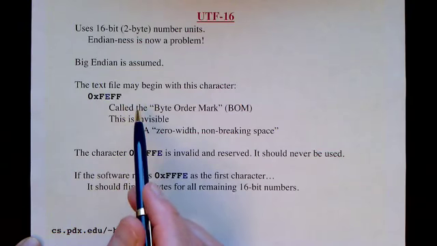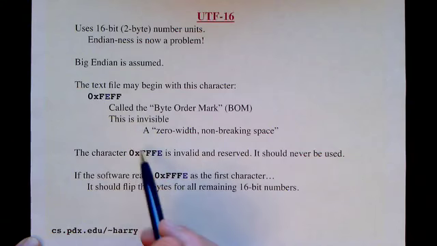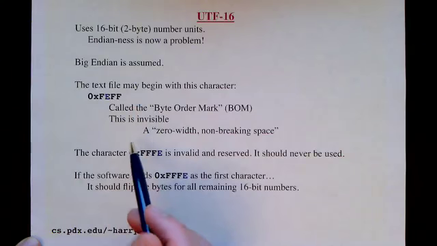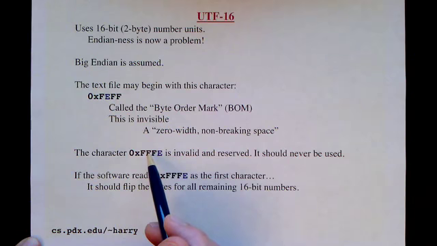In this case, in our example, it was written out in big endian, but it's being read in by little endian software. The little endian software then will realize that the file is in big endian order, and so therefore, from then on, the software needs to reverse every pair of bytes as it reads in so that it converts it to little endian order.